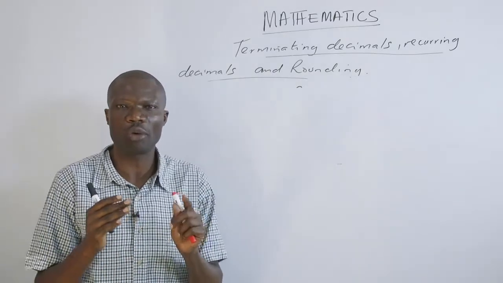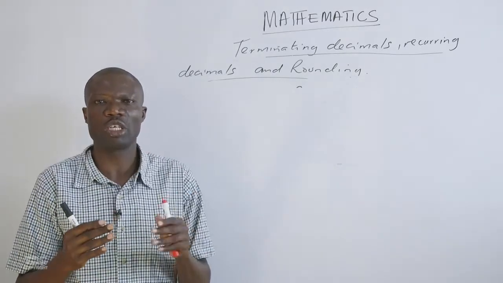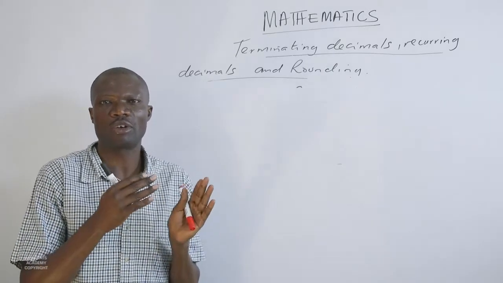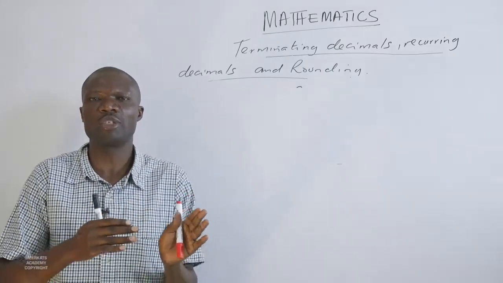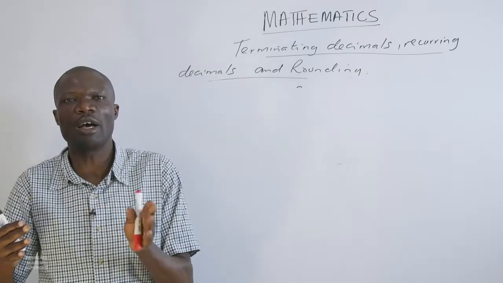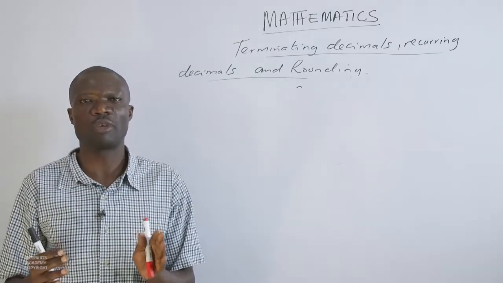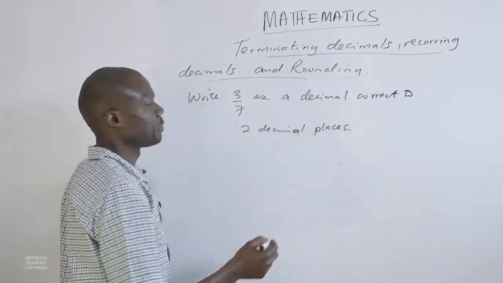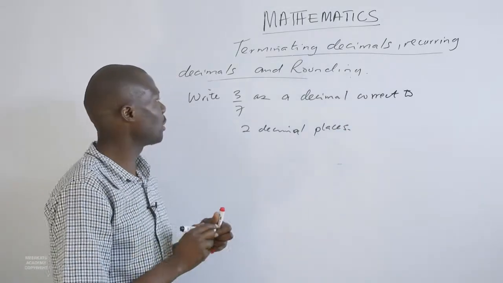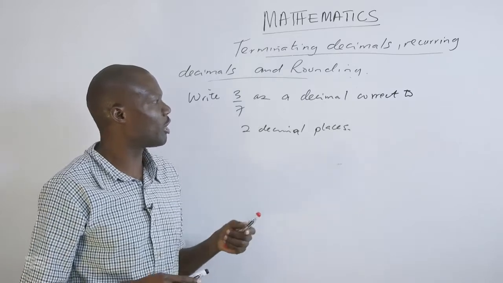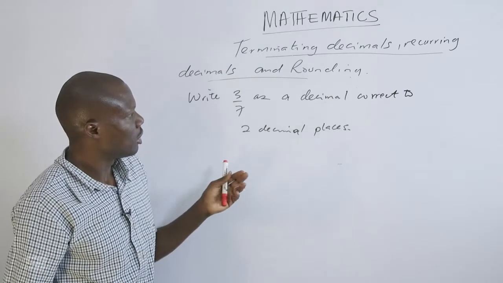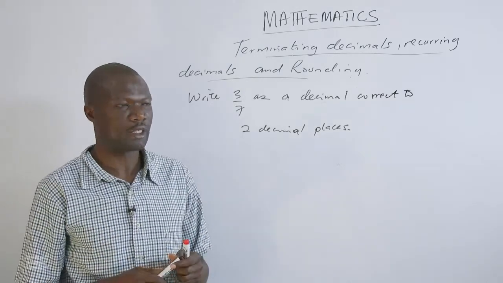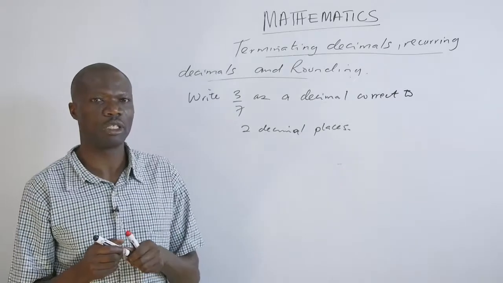And finally, now we want to see, can we just go straight and convert a fraction directly into a decimal and round to a specified number of decimals? Write 3/7 as a decimal, correct to 2 decimal places.